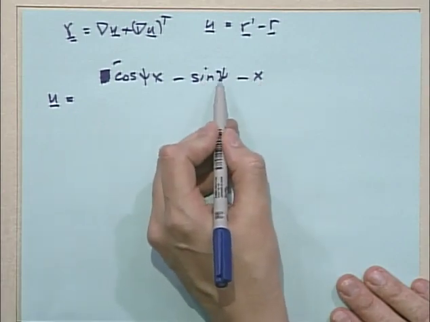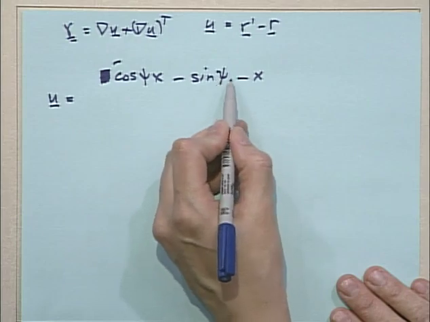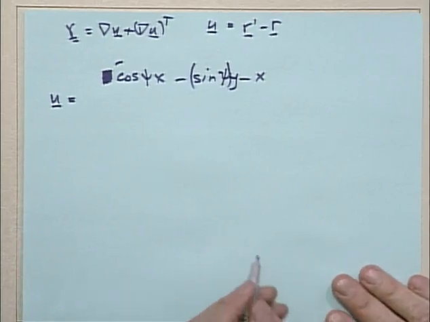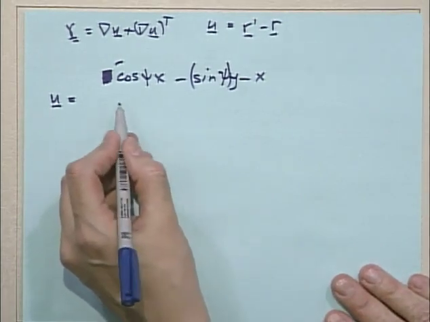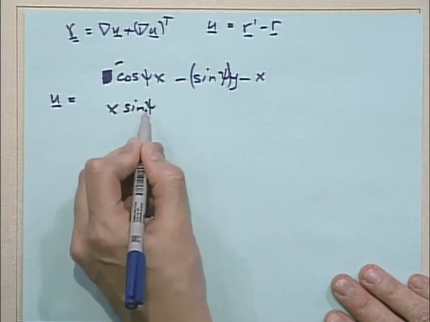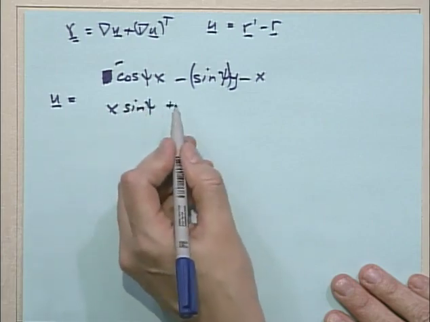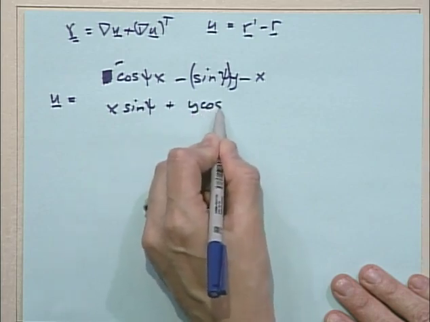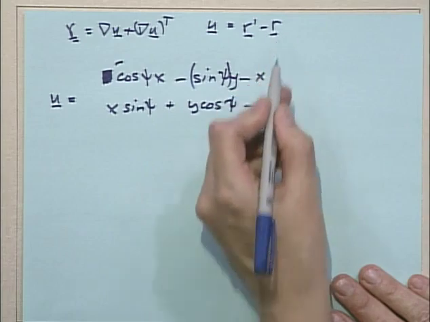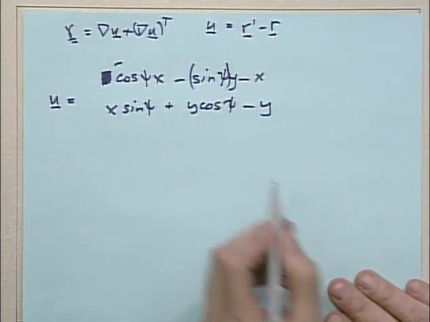Then r cos beta is x, and that leaves me with x sine psi plus y cos psi. And when I subtract the r, I get a minus y.